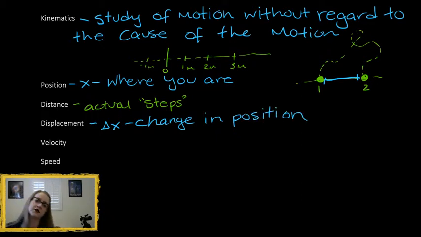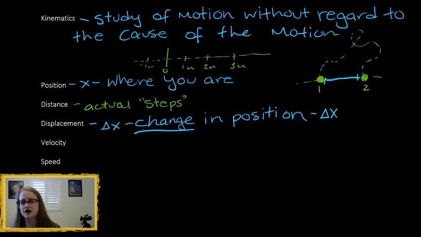And how do we measure position in physics? Like, what unit? We would use meters. And then what symbol do we use for change? For change, we always use delta. Delta x. So that's why this is delta.